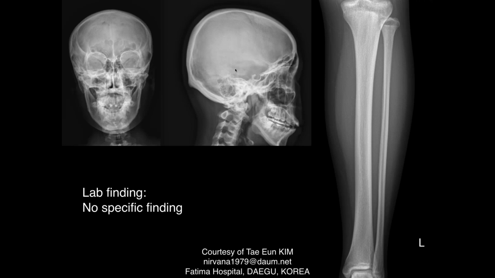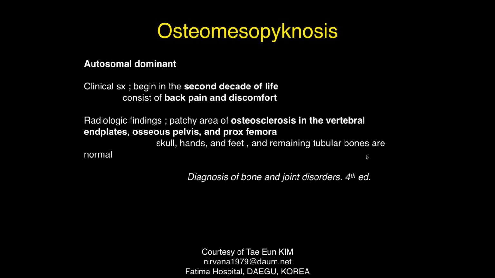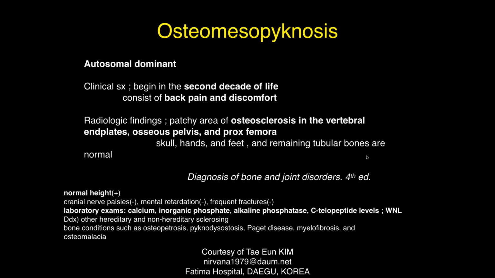Yeah, the skull might be a little bit thickened, and then you've got a little inhomogeneity, but nothing very specific here. And the same, you can see a coarse and thickened pattern of the bones here. So not real common. I think of Paget's disease, myelofibrosis, osteomalacia.